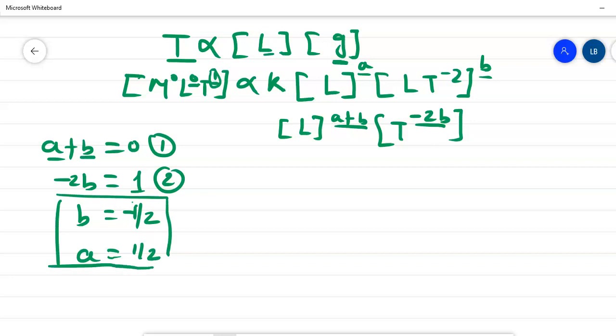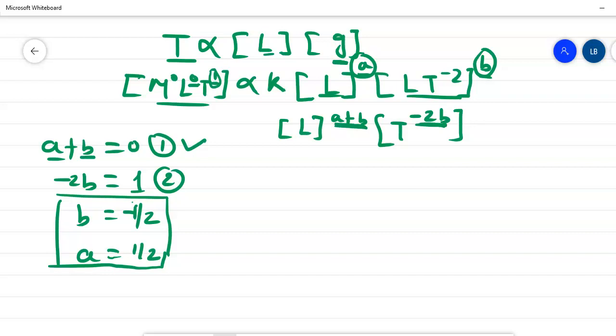So I am done with this problem. First, I applied dimensions on both hand sides. Then I gave powers. So I expanded: L to the power A and L to the power B becomes L to the power A plus B, and T to the power minus 2B. After expanding, I compared the powers with the left hand side.